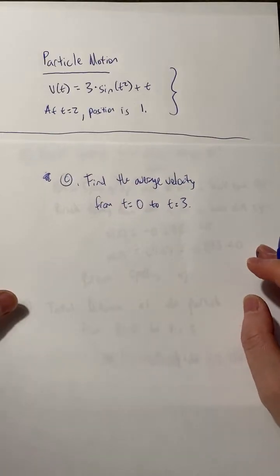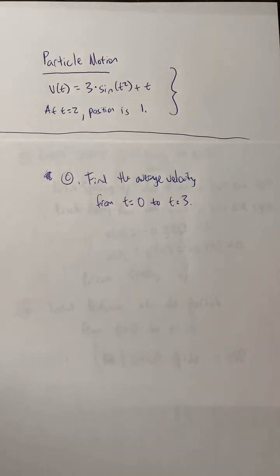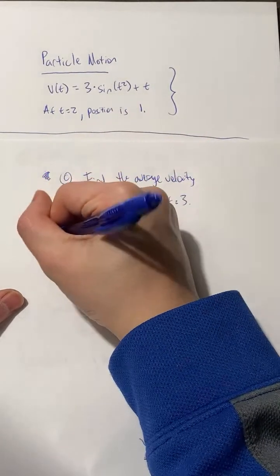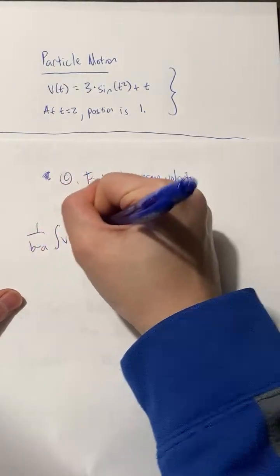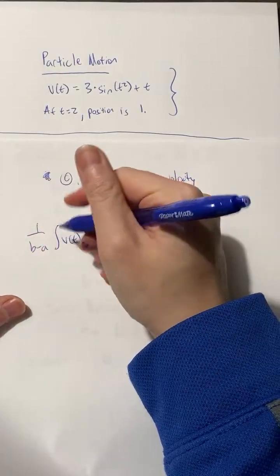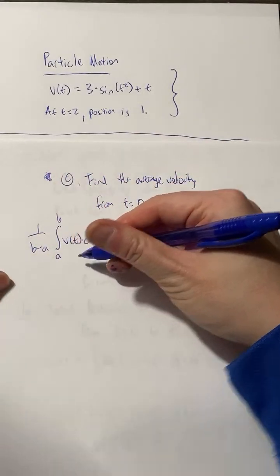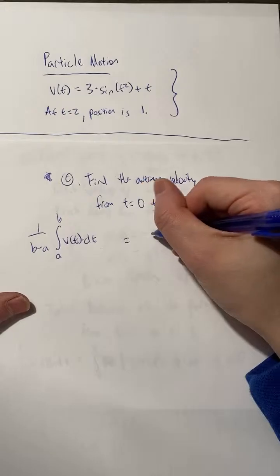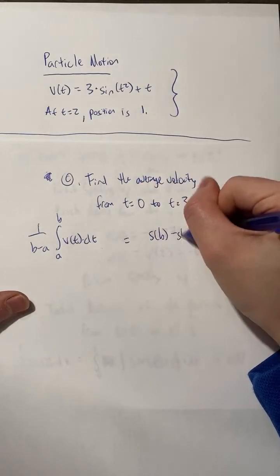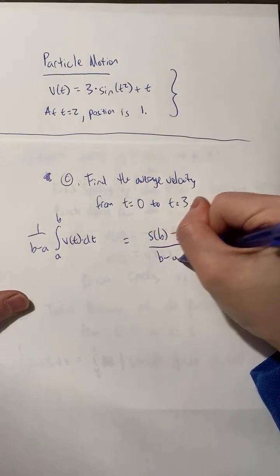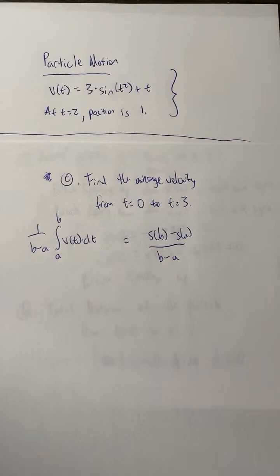If you don't know, there's two formulas for average velocity. One is 1 over b minus a, the integral of velocity, because the average of anything is 1 over b minus a, the integral of that thing. You can take the antiderivative of v, and that's position. So another way to phrase this is s of b minus s of a over b minus a. So these are the two formulas for average velocity.